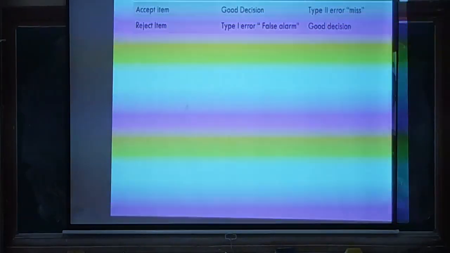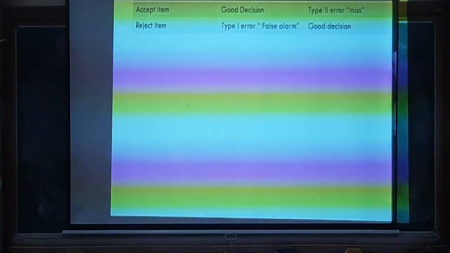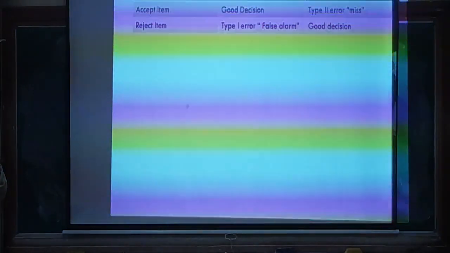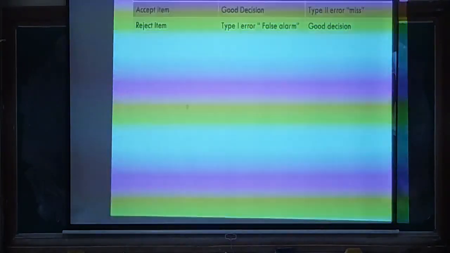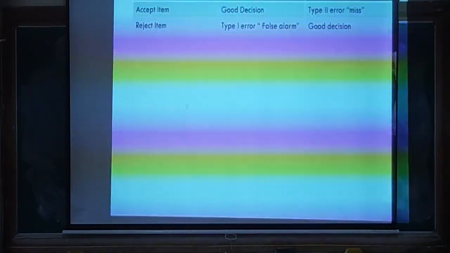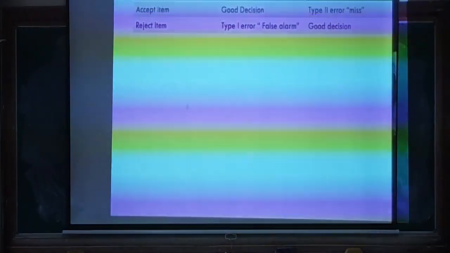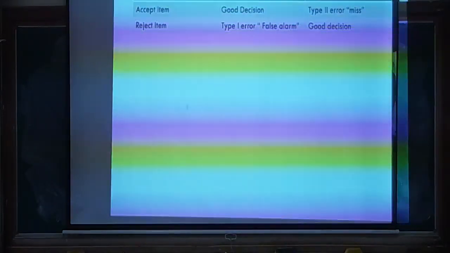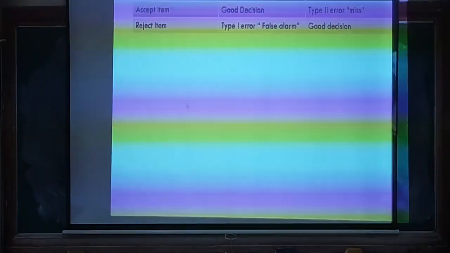So while sorting or while checking the inspection, while inspecting that particular dimension, the diameter, the length and everything, or whatever the different features are given in the drawing, like surface roughness, the dimensions, the materials, anything, okay. The conforming item means what? If you are accepting the item, then it is a good decision.